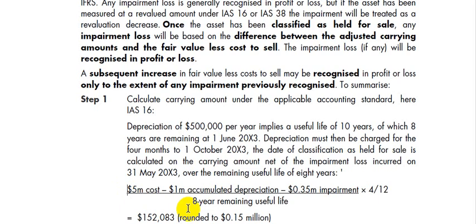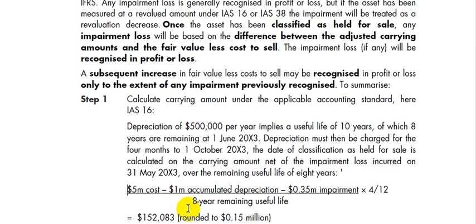Why are we dividing with 8 years? What was the life of the asset? The asset was 10 years when we acquired it.